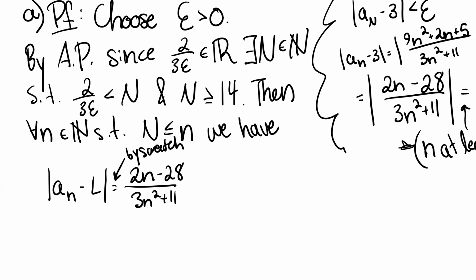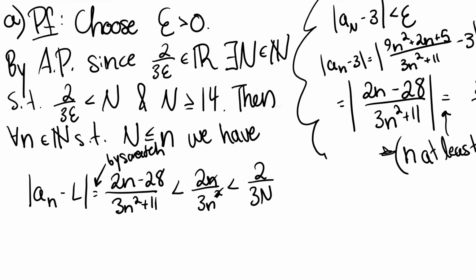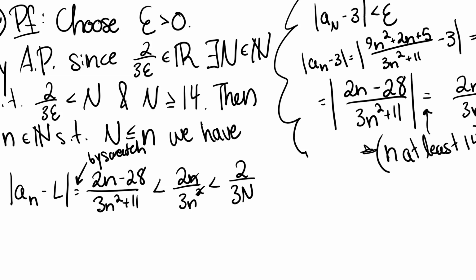Then I can say this is less than 2n over 3n squared, which is less than 2 over 3 capital N, because remember, the smaller that we make the denominator, the bigger that we make the whole number. Oh, I'm just realizing I could have gotten rid of that 3. Oh, I'm so silly, because I didn't care about the 2.